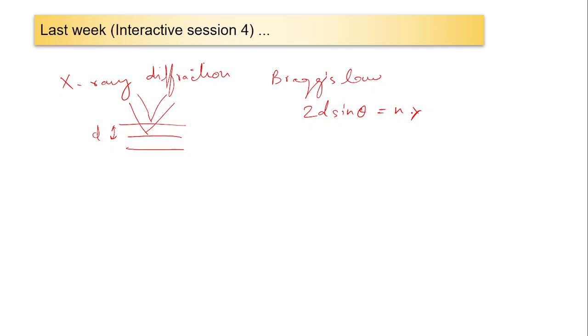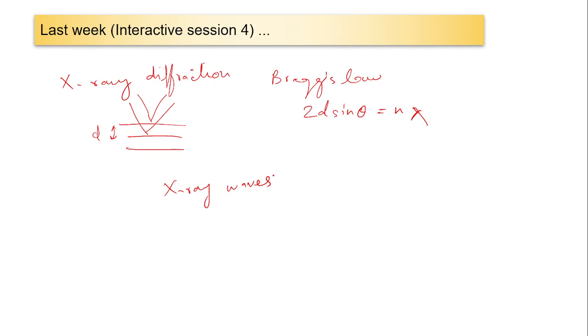We know what these parameters are, we had discussed. And we had also discussed why we use X-rays for understanding these materials and not any other electromagnetic wave. And after this, we had discussed how we get the X-ray source: we use some metal, hit it with highly energized electrons, and then there is some physics.